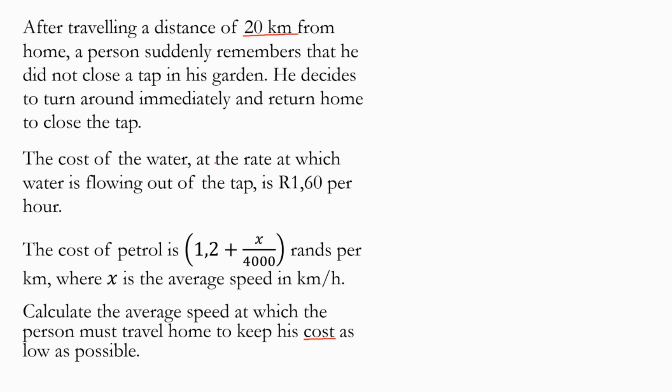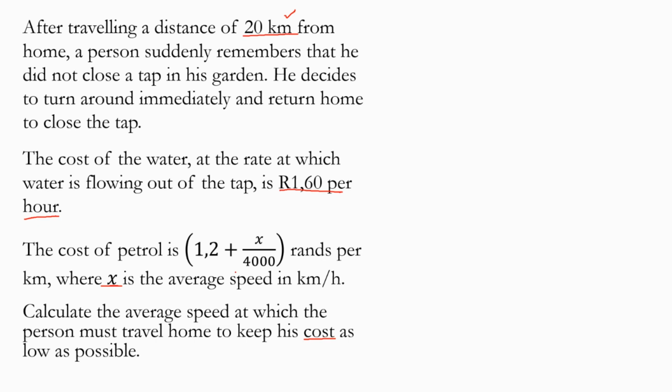The cost of the water is 160 per hour. So now this one is per hour, so it means we need to get the time here. How can we get the time? We have the speed and we have the distance, isn't it? From distance and speed, we can get the time. Right. And then the cost of petrol, we've discussed here. So let's just have these two sets of data separately, then we're going to combine them.